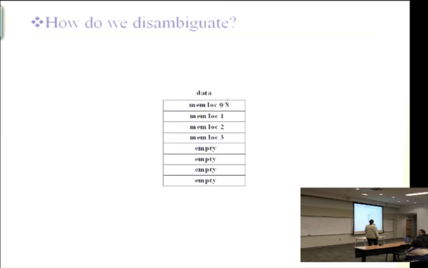So now, how do we disambiguate address 0 and address 8? Because they are obviously different in the memory, but in our cache they are the same. Any ideas? You always add something when you have this type of problem. So what would you add?